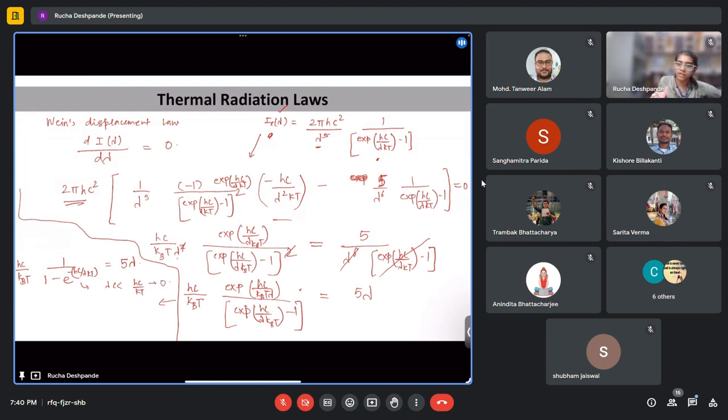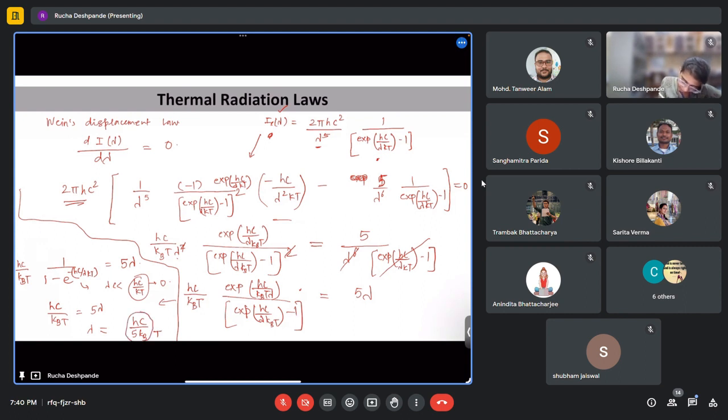So we assume here that lambda is smaller than this term, and then we obtain this expression hc by kbt is equal to 5 times lambda. So lambda is equal to hc by 5 times kb and t.